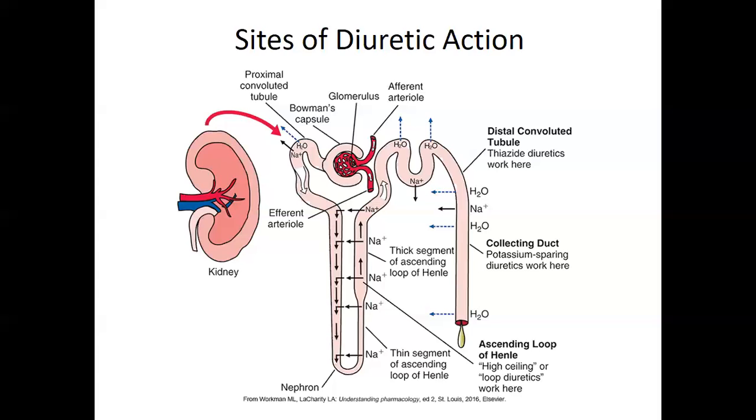So the patient taking potassium sparing diuretics should also avoid salt substitutes to decrease the risk of hyperkalemia. Okay. And also, if the potassium level is too high, it can be life-threatening because it causes dysrhythmias.